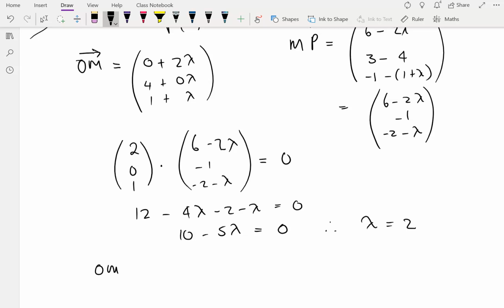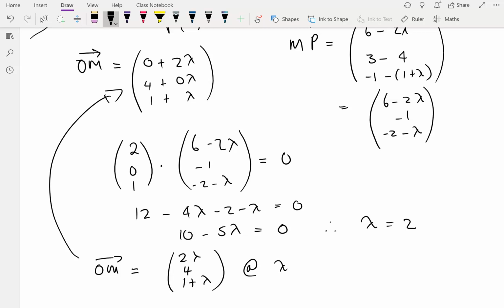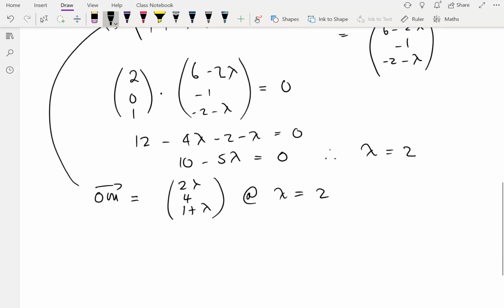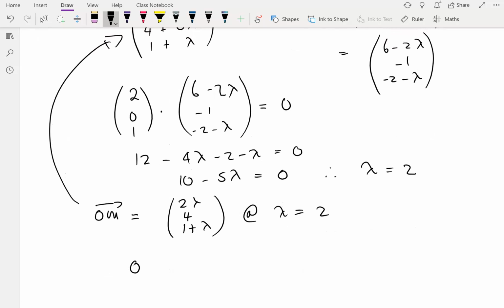Remember, OM was the position vector (2 lambda, 4, 1 plus lambda). So at lambda equal to 2, OM is the position vector (4, 4, 3).